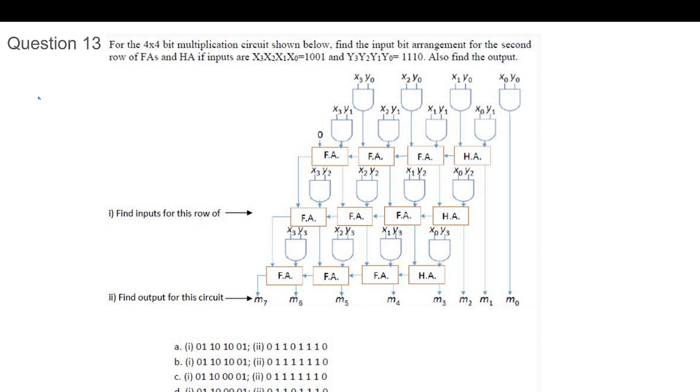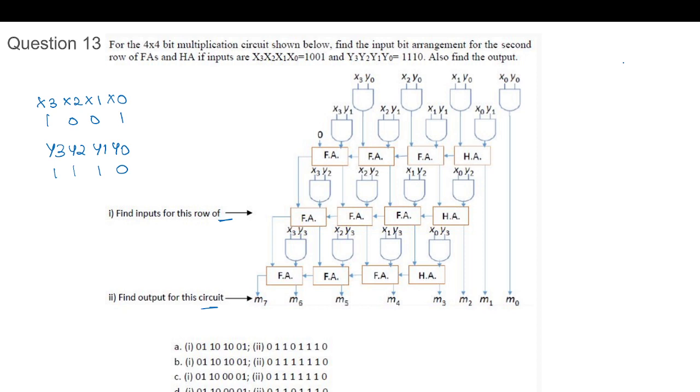So first, what is the value of x3, x2, x1, x0? It is 1, 0, 0, 1. What is the value of y3, y2, y1, y0? It is 1, 1, 1, 0. Okay, this will be helpful for us to calculate. Now we have to find the value at the output of the circuit.